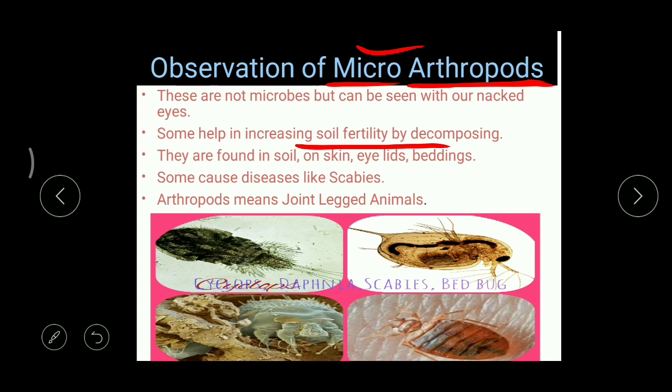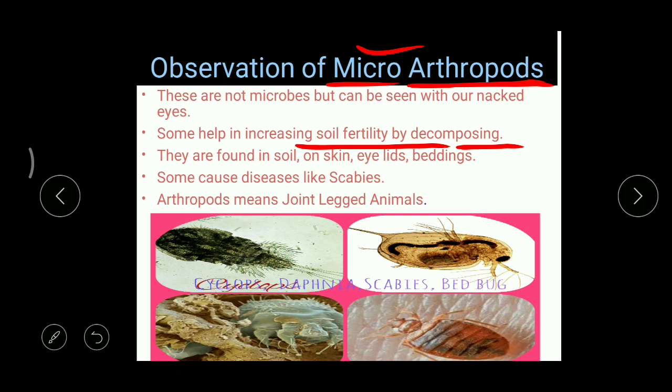Fertility means they make the soil rich in nutrients. How? By decomposing organic matter. So when plant and animal dead matter are present in soil, these dead parts are decomposed by these micro arthropods, and converted into manure, so that the fertility of the soil increases.